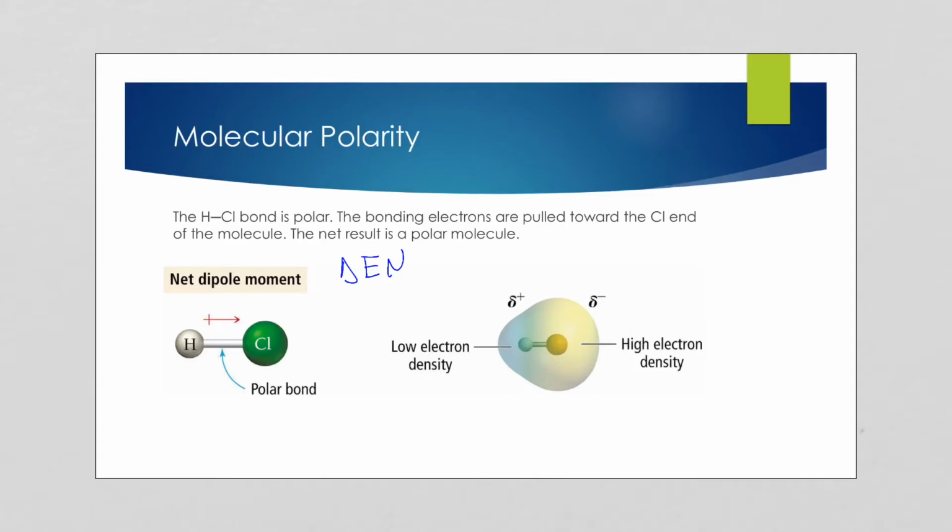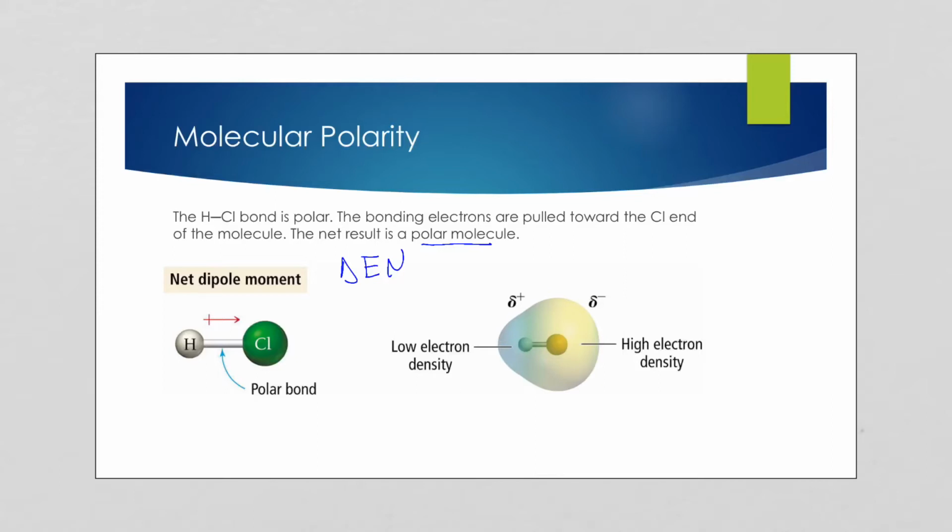Now, since there's only one bond, this is a polar bond, and therefore it is a polar molecule, right? Because that's the only bond, there are no other factors involved. So if we have a simple diatomic, if the bond is polar, the molecule is polar.